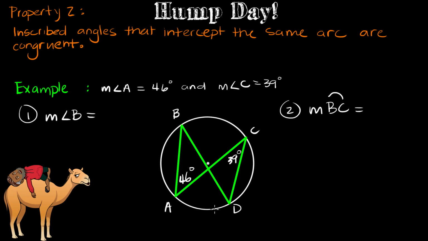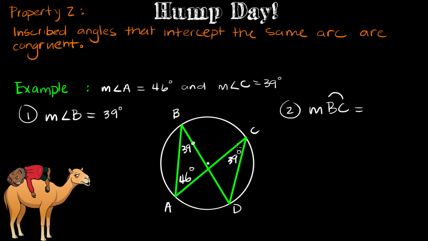Angle B intercepts AD. I also noticed that AD is intercepted by angle C. So since angle C and B intercept the same arc, using the theorem that's up here, I can logically conclude that they should be exactly the same. So those two angles are going to be 39 degrees each because they have the same exact intercepted arc.